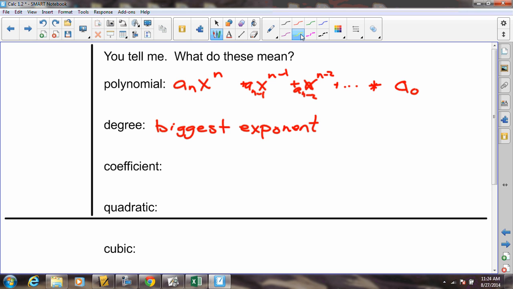So, for example, if we had x to the 5th plus x to the 7th plus 32x, the degree is 7 because the largest exponent was 7. It has nothing to do with the 32, which is the largest coefficient.